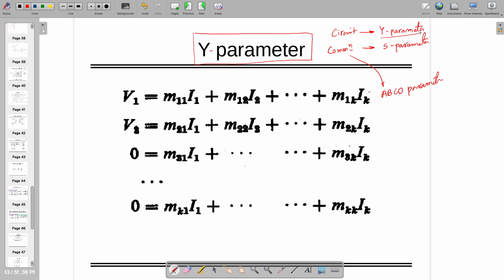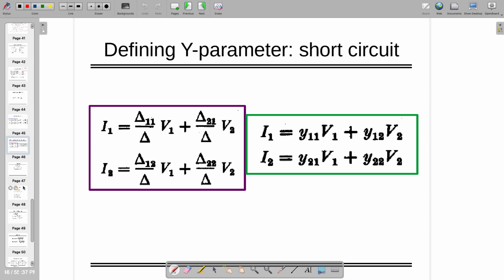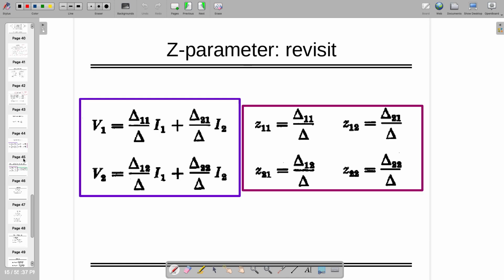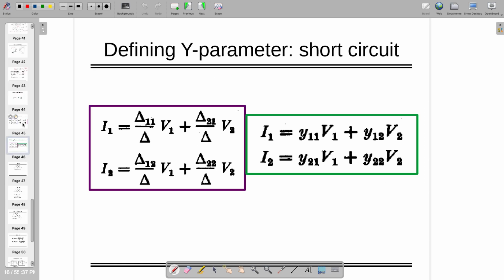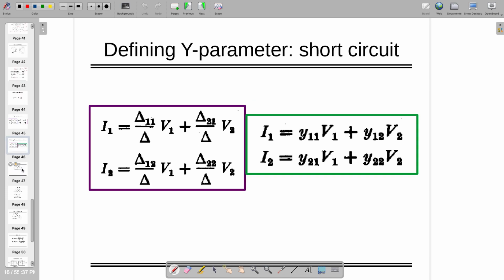So Y parameter is similar to Z parameter, where you are going to write down 2 equations, V1 and V2. Y parameter will have 2 current equations on one side, and V1 and V2 will be there.